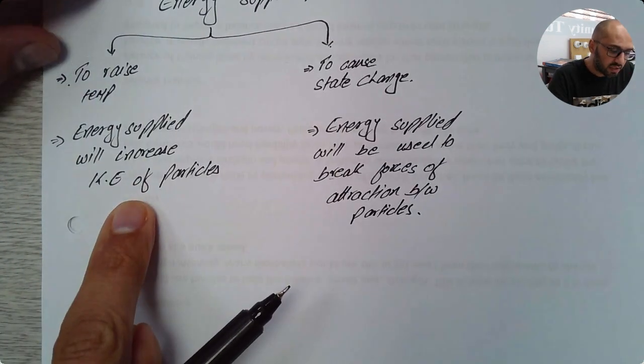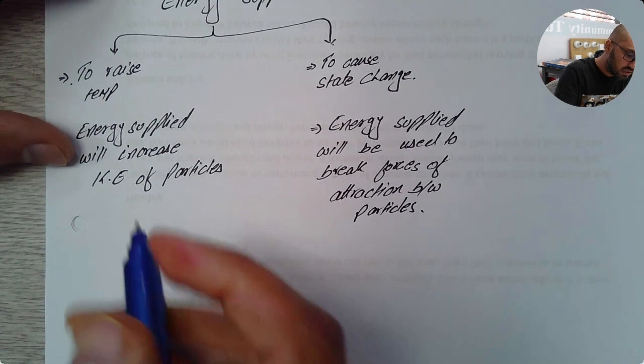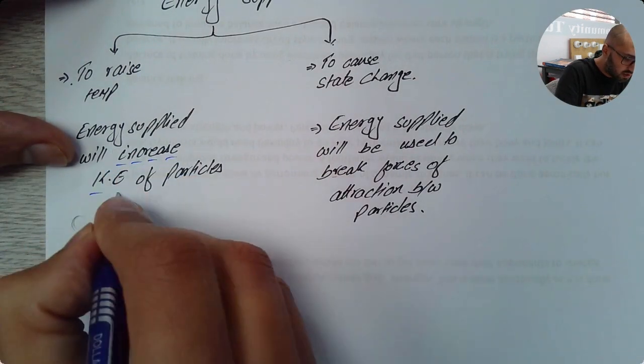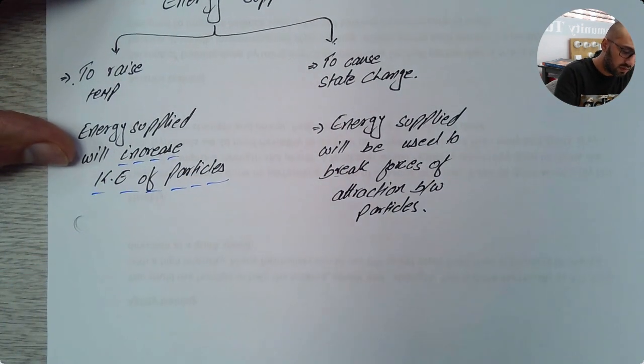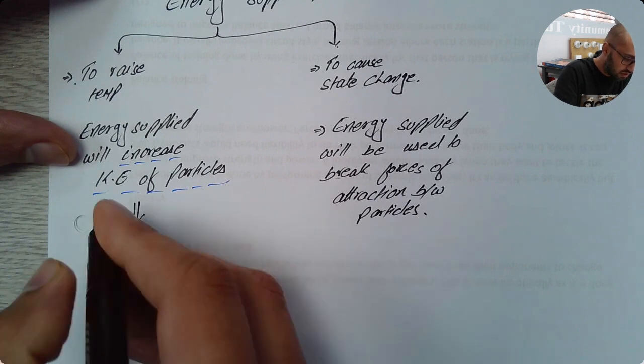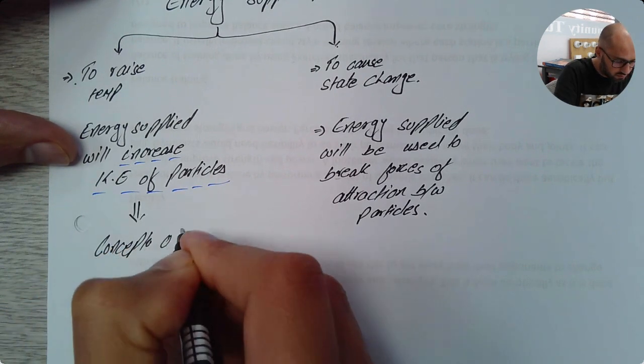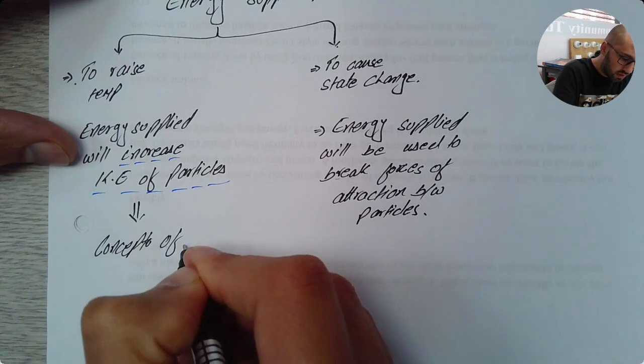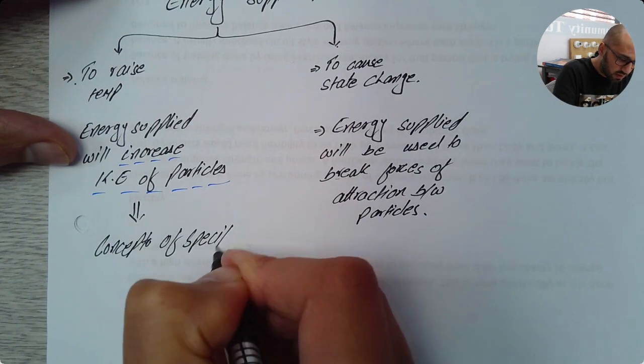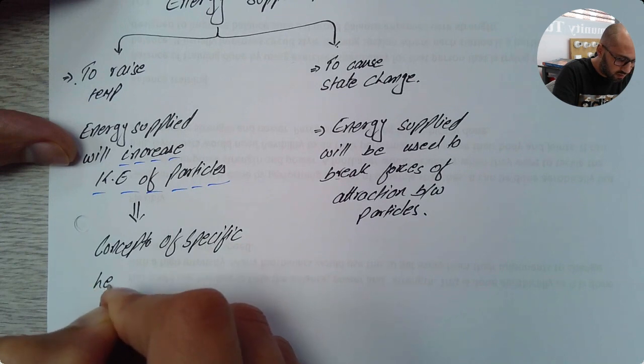When energy supplied is being used to increase the KE of particles, then for this section, the concept of specific heat capacity will apply.